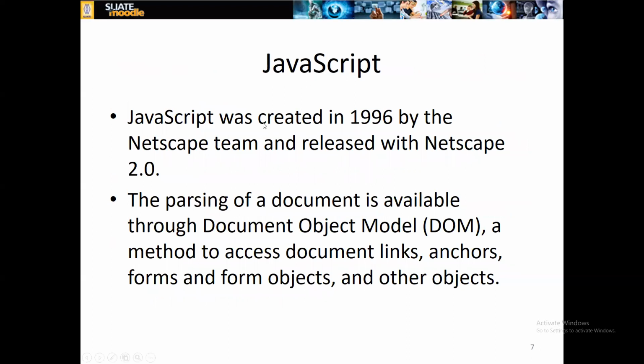JavaScript actually started in 1996 at Netscape, and it included the document object model, which is a method we use to access links, anchors, values from your forms, and some other objects.